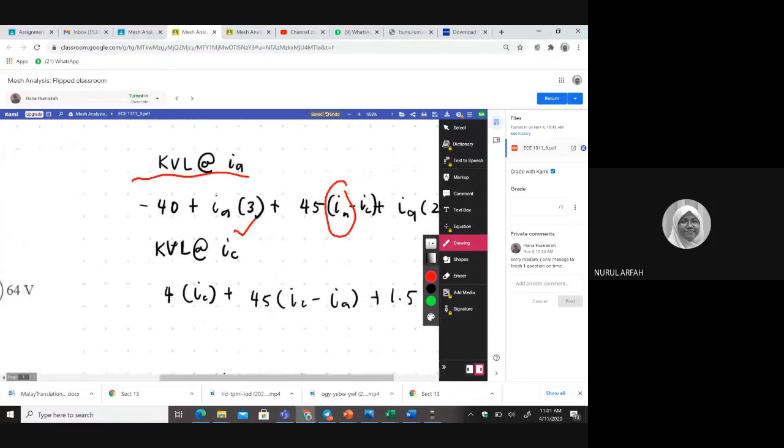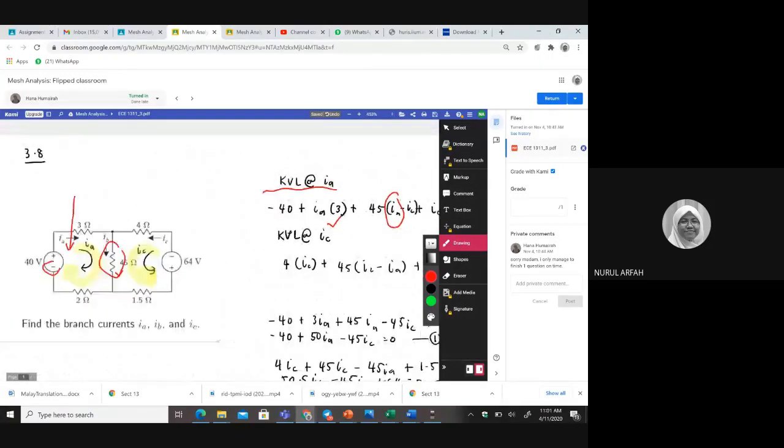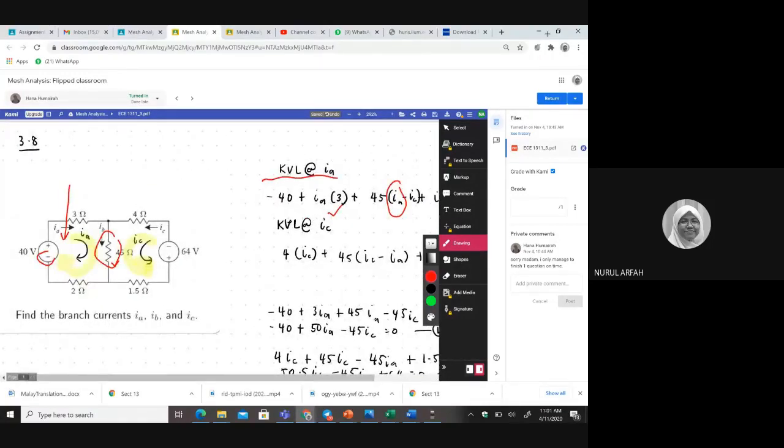Okay. But something is a little bit, we need to change. The one I explained to you in the video, we're supposed to minus with this opposite current source here, right? Because the current direction is not the same, so Hannah, you need to inverse this sign.